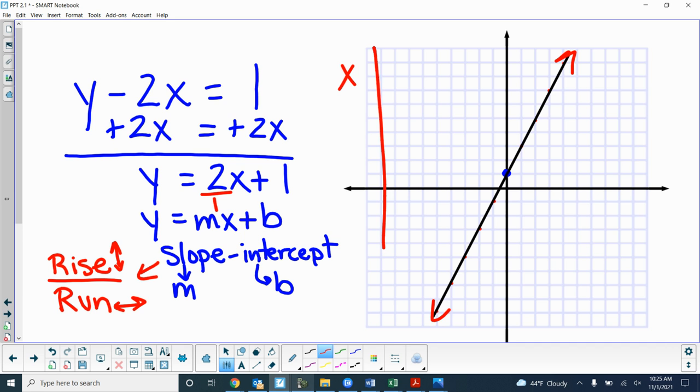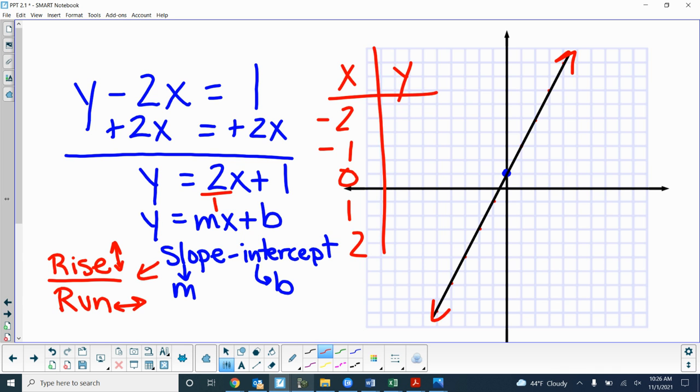You were taught this. Remember that? Make an XY table. We always picked -2, -1, 0, 1, 2 for my X values to figure out the Y values. That's why we got Y by itself, plugged in for X. So you'll get these points. -2, -3 would be the answer.